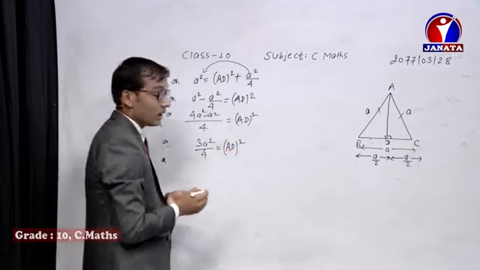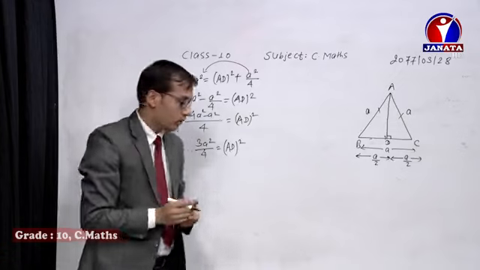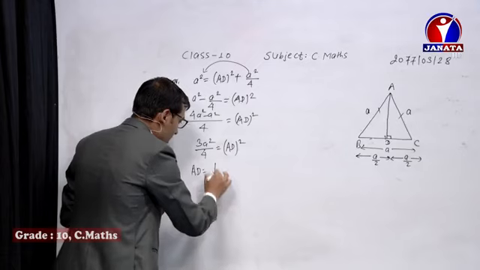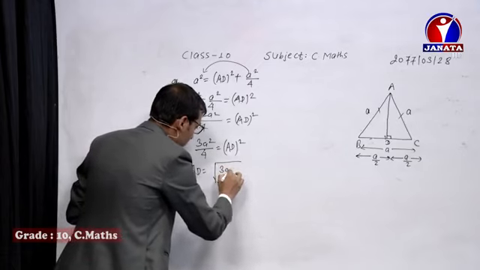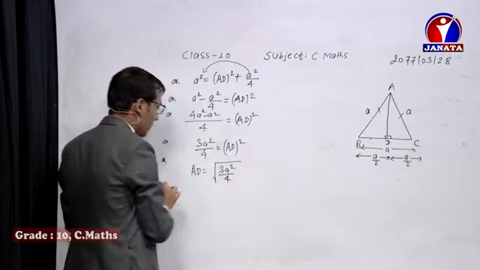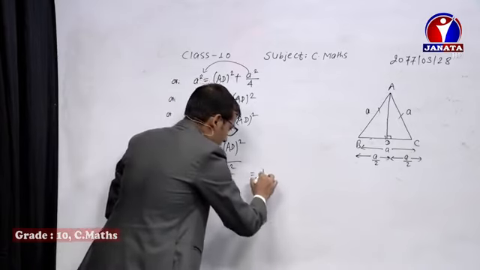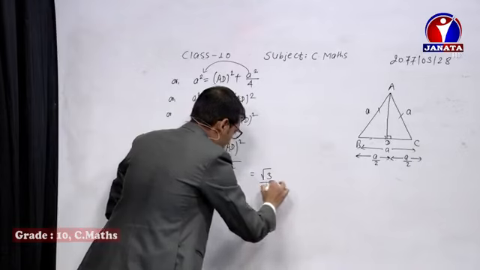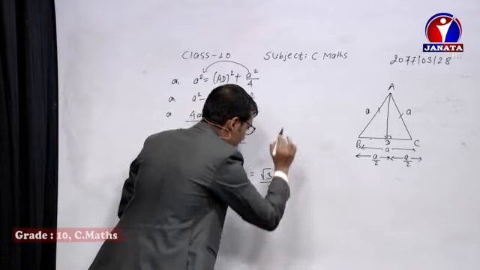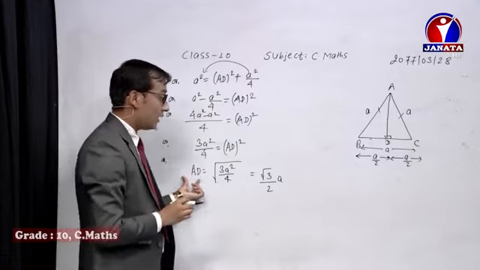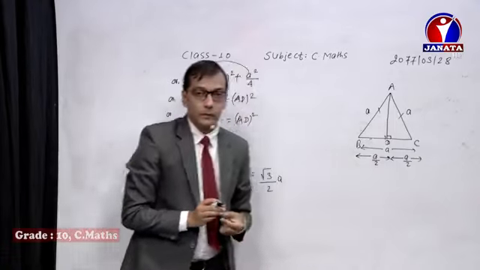Now if we take the square root on both sides, we can find AD. So AD is the square root of 3A square over 4. So this gives us square root of 3 over 2 times A. So this is AD, and this is called the height.